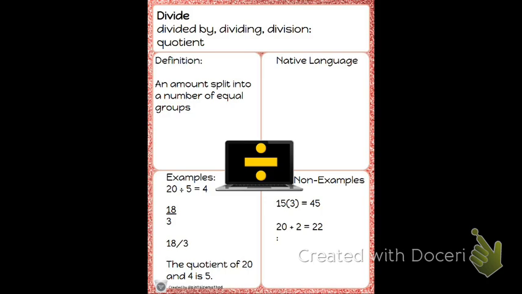We could see it written in a fraction. We could see the slash. All of those are ways to show division. And then quotient is how we would, and again, the order is important with division, like it was for subtraction.